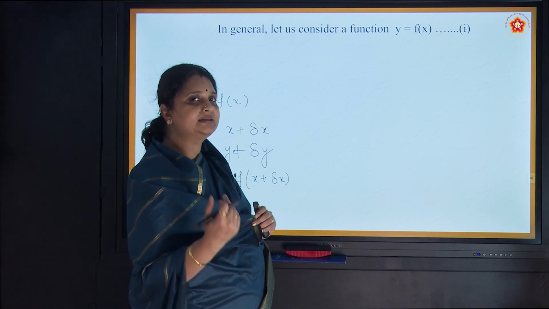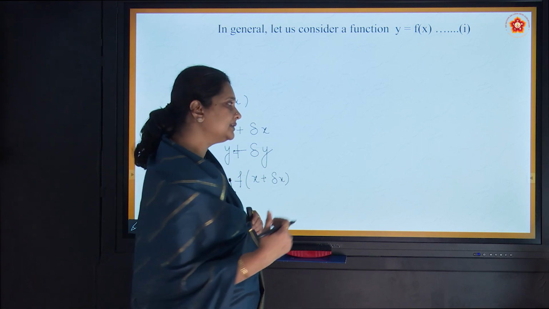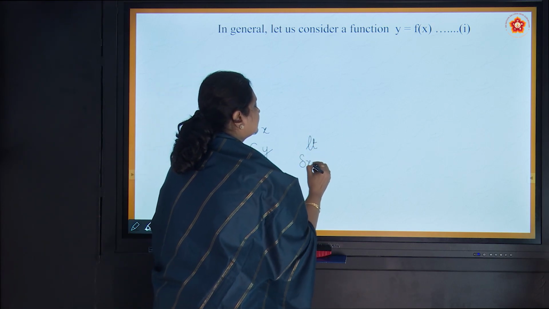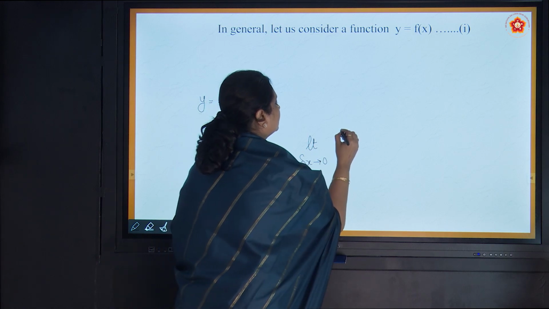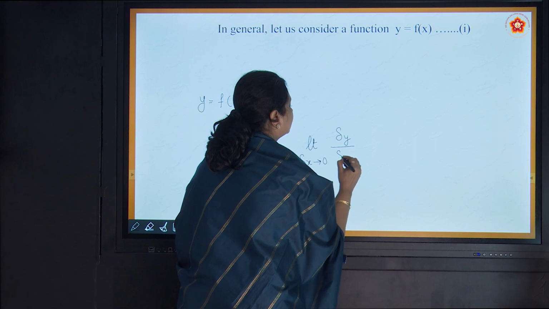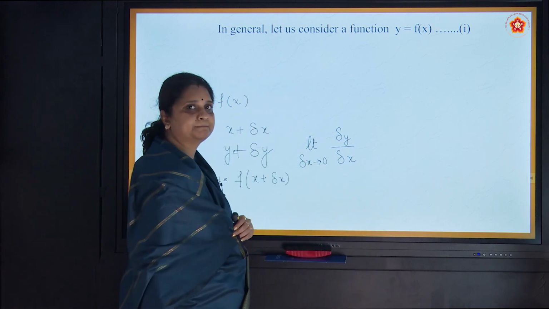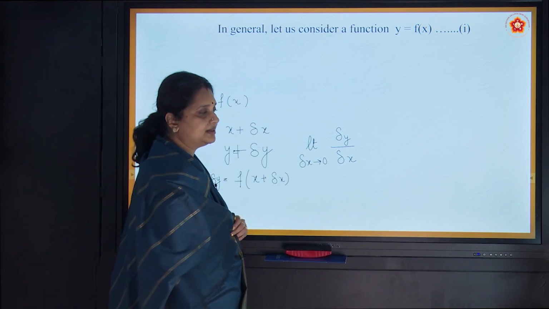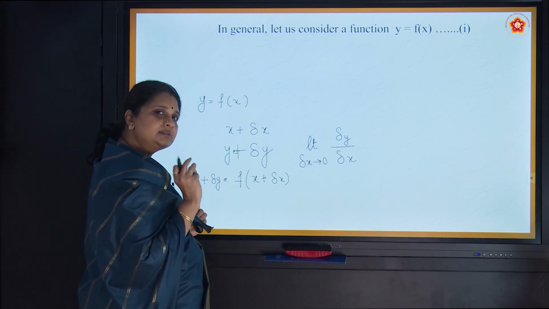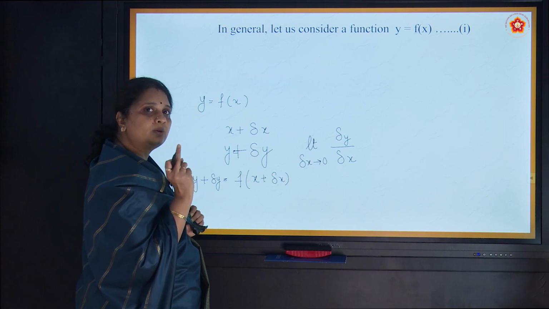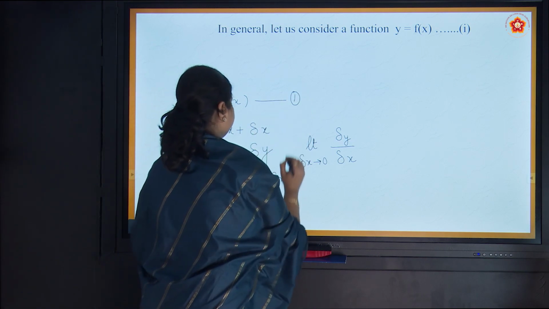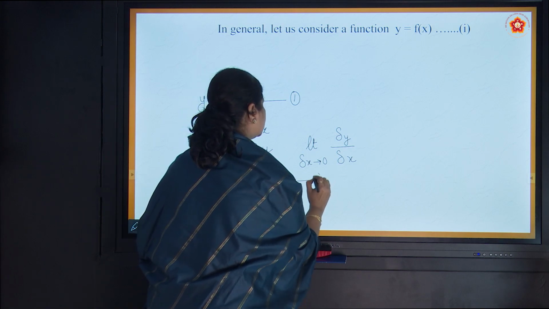Now what is my derivative of y with respect to x? Limit del x tends to 0, del y by del x. This is my dy by dx. Now what is this del y? Del y is the increase in the value of y. How do I get that? Let me name this as 1 and this as 2.